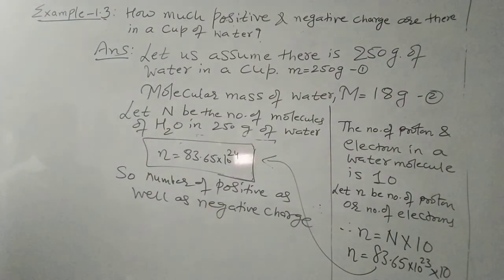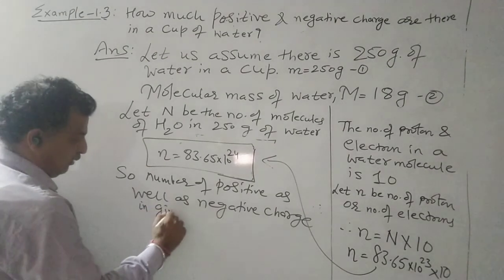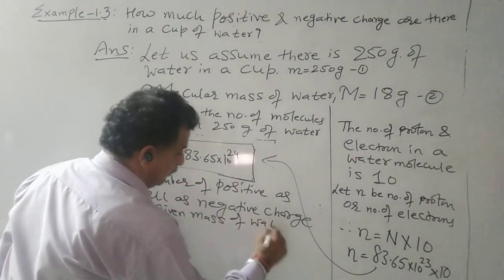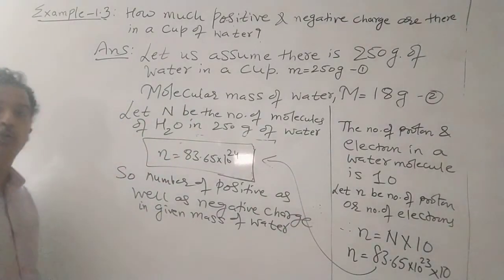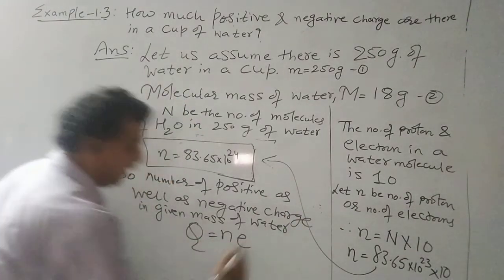So the positive as well as negative charge in the given mass of water, mass was not given, we have taken it to be 250 grams. So Q is equal to ne.